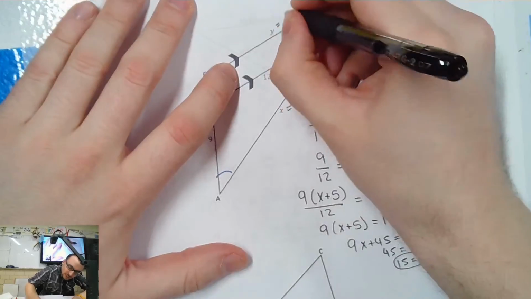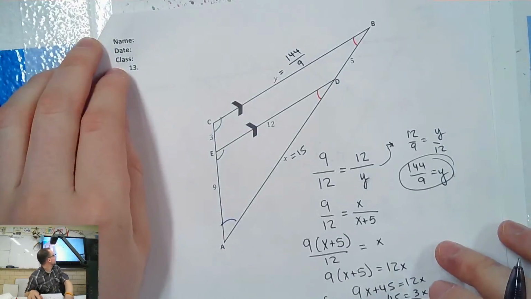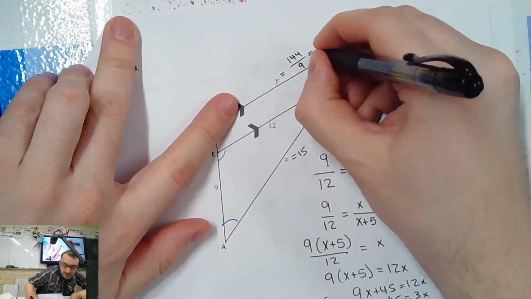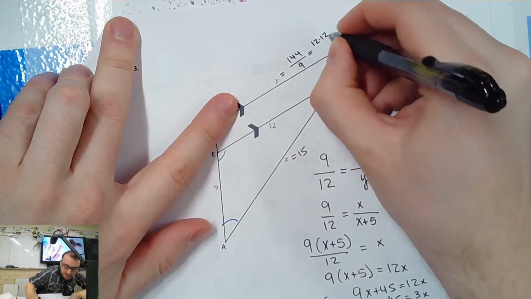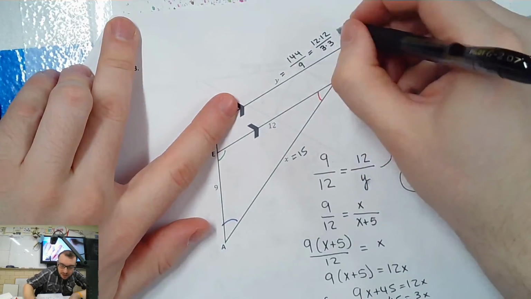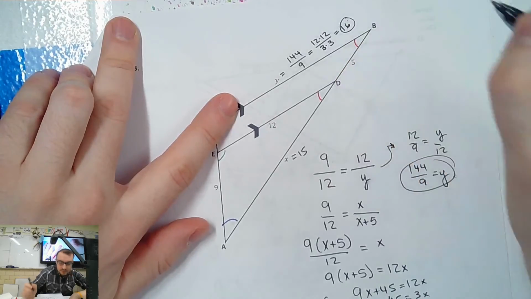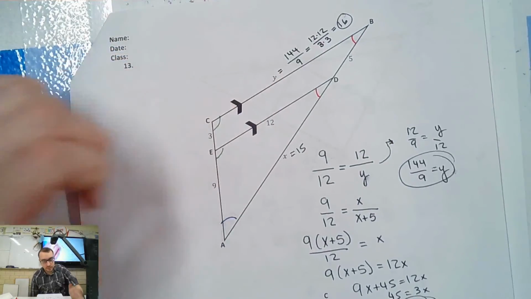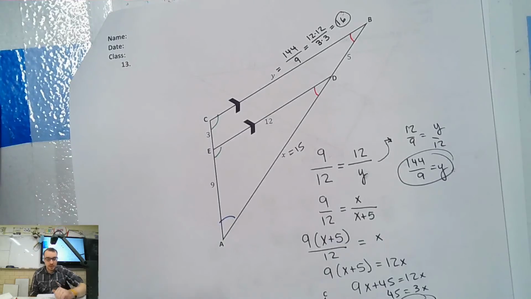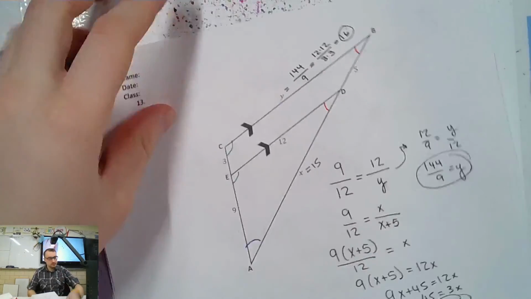And this is whatever 144 over 9 is. It actually does divide out, because this is 12 times 12, and this is 3 times 3. So I divide both by 3, and I get 4 times 4, which is 16. If you didn't have a calculator, you could do it that way.